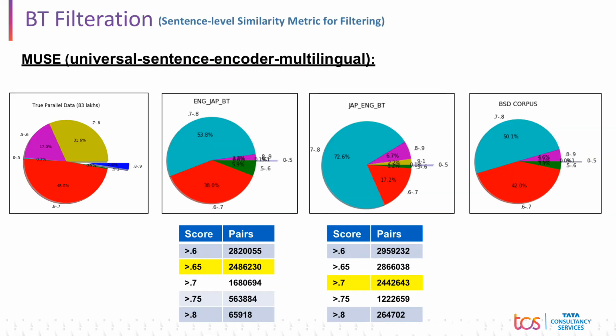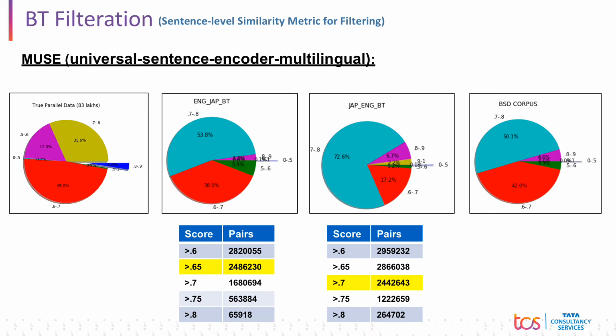Moving ahead, for the filtering task, we applied a sentence level similarity technique. First of all, we calculated the sentence embeddings of the source and the target language sentences using the multilingual universal sentence encoder, and then we calculated the cosine similarity score between them.